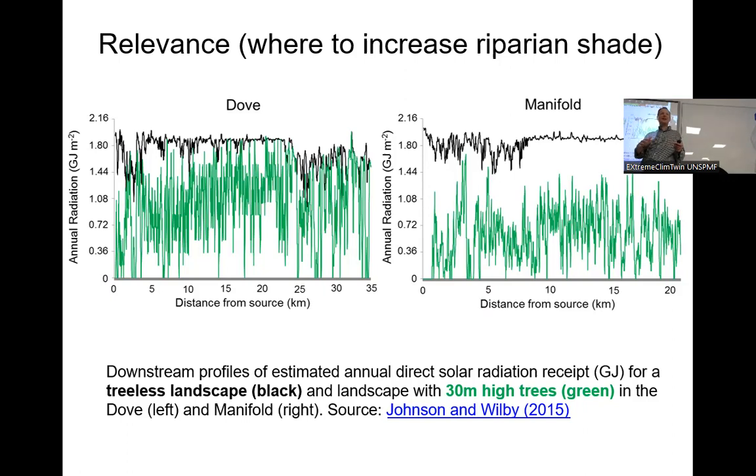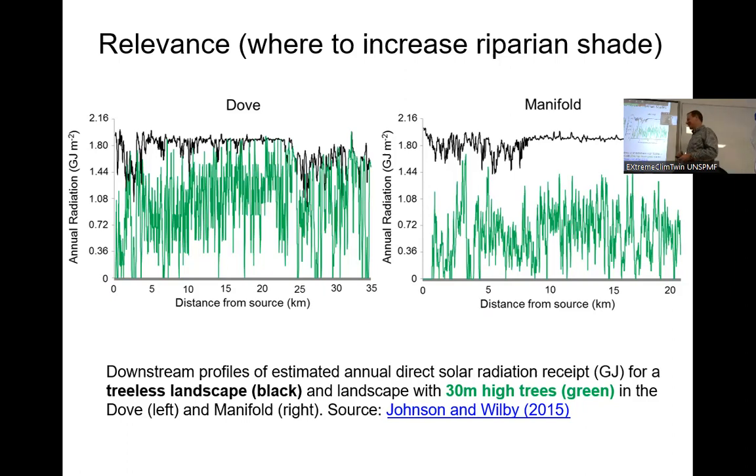So there's lower energy in this part of the river because of steep ravines and shading of the river by the landscape. Then if we plant, rather optimistically, 30-meter trees, or imagine a 30-meter tree, how much that reduces the energy balance. Now, at the time when we did this analysis, no one actually questioned the 30-meter tree assumption.